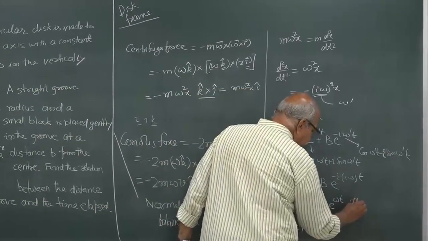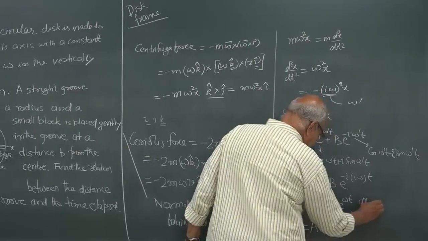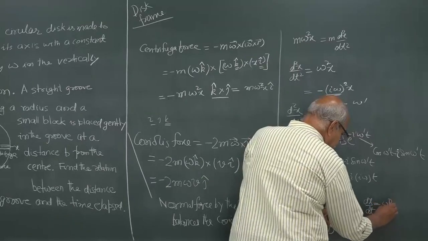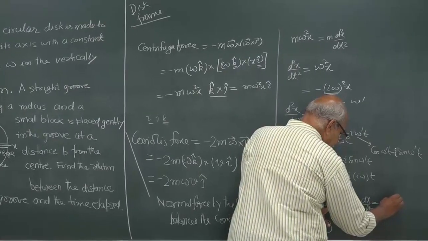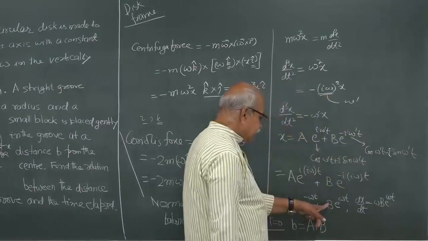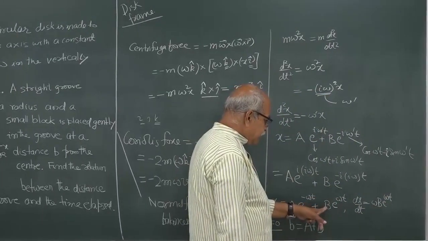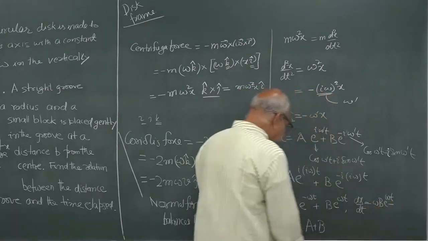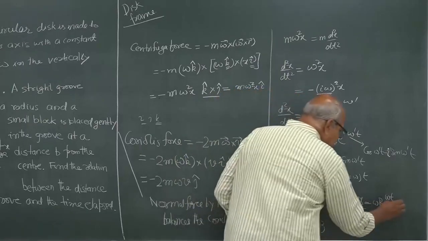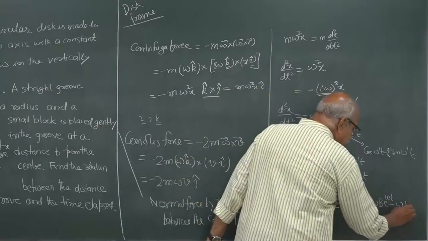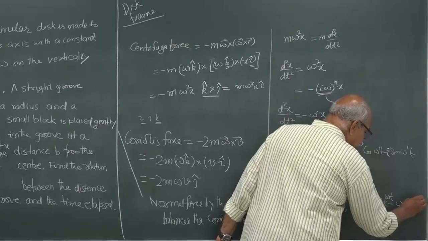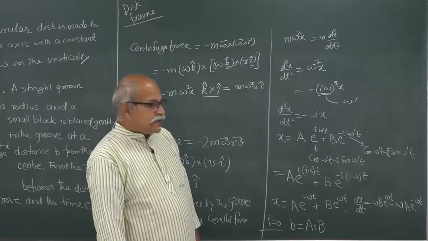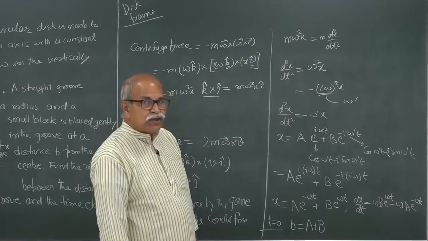From here, x dot, or dx/dt, the velocity of the particle, will be, differentiating with respect to time, omega B e to the power omega t, and minus omega A e to the power minus omega t. This is the velocity at time t, and at t equal to 0 the velocity should be 0.